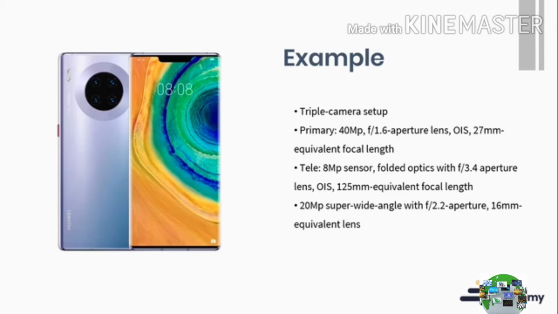Our telephoto lens, as you can see, uses much less megapixels, 8 megapixels. So a fifth indeed of what our primary lens is using. Now, folded optics means that it's a special type of optics within it to create that telephoto effect. And as you can see, our aperture value is much higher.